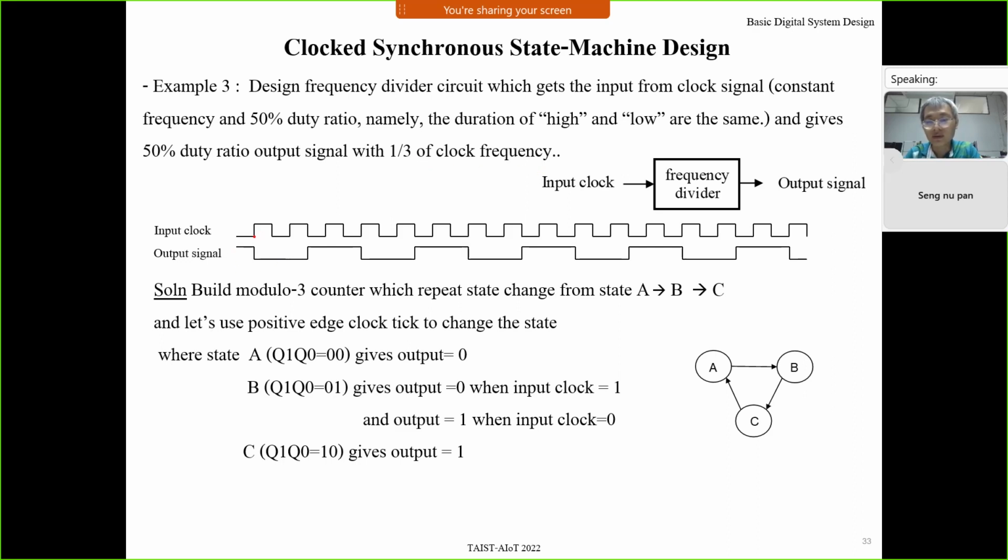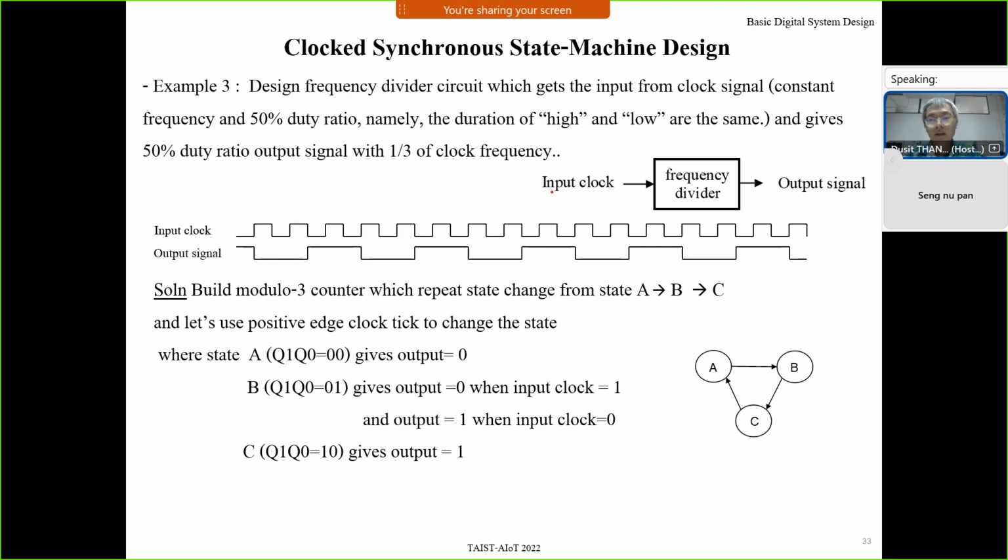Namely, the period of the output covers 1, 2, 3 clocks. The period of the output is 3 times the input clock.